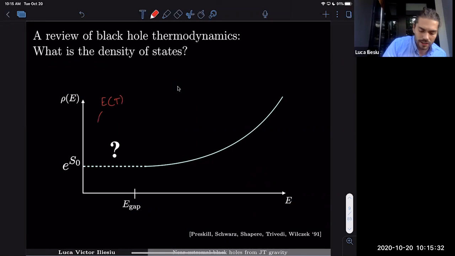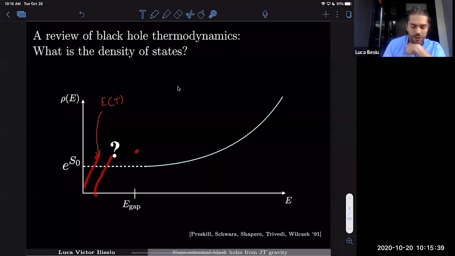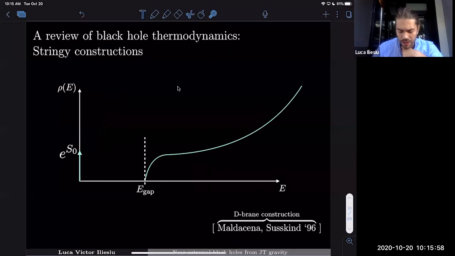So at low temperatures, it's given by what happens in the density of states in this region. The thing that we will want to compute in this talk is rho of E at scales compared to E gap.